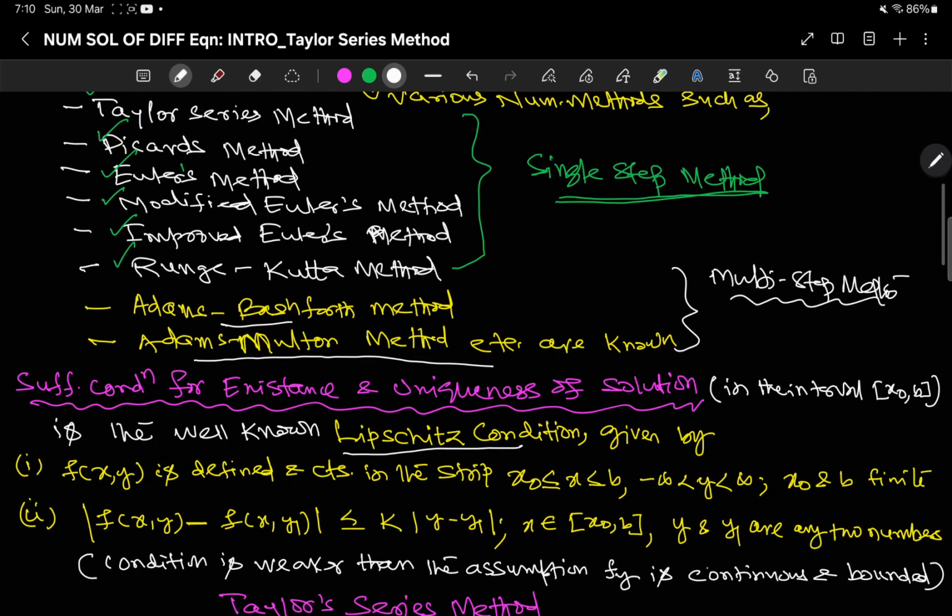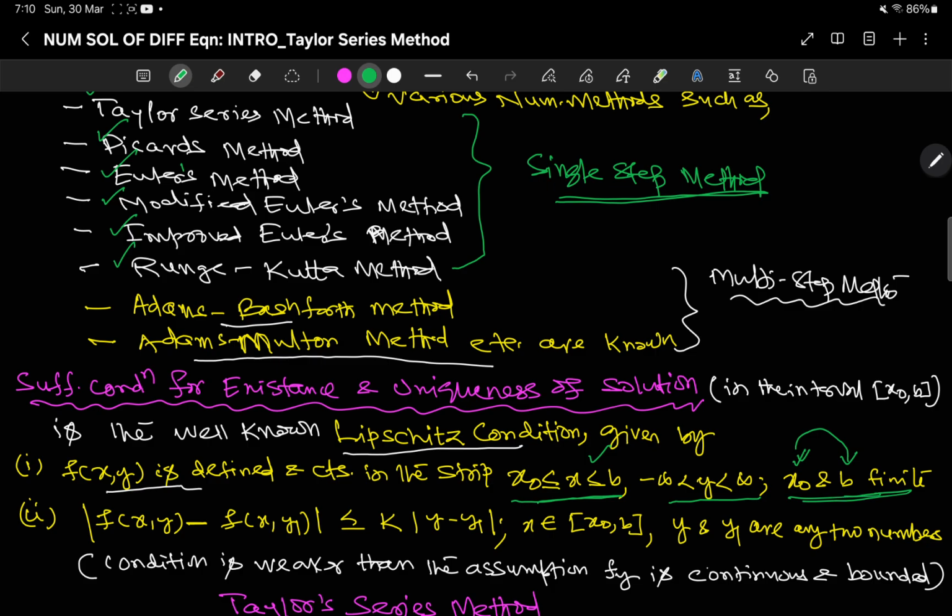We say the solution exists and is unique if f(x, y) is defined and continuous in the strip x0 less than or equal to x less than or equal to b, the horizontal strip, and y from minus infinity to infinity. Here we are given the initial point x0 and we subsequently go on increasing up to b. You are asked to find the solution in the interval x0 to b. Here x0 and b are finite.